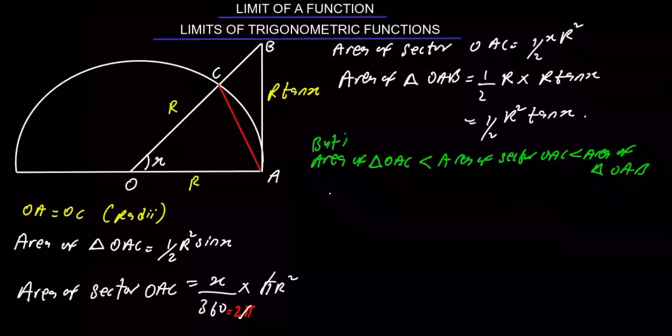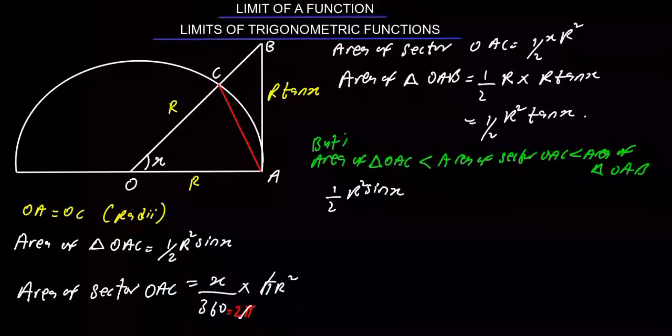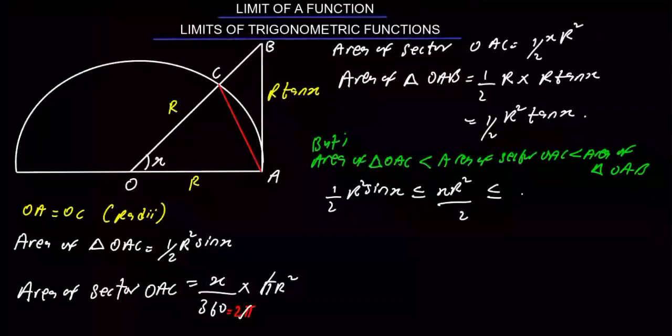So it means that we are having half r squared sine x, less than or equal to x r squared over 2 for the sector, which is less than or equal to the third one, half r squared tan x.